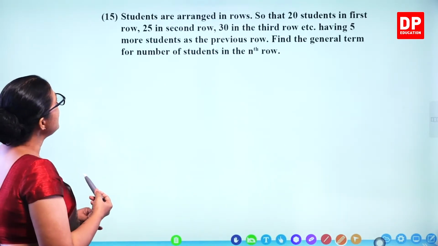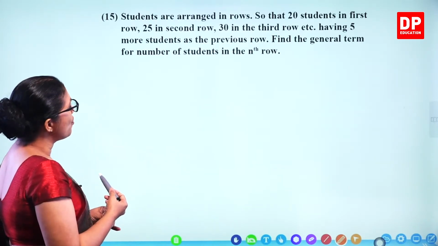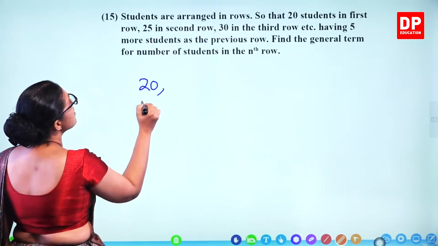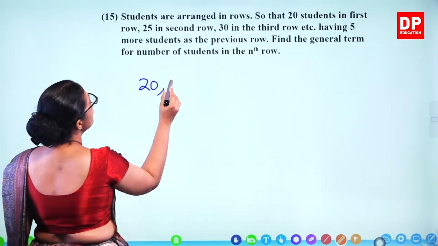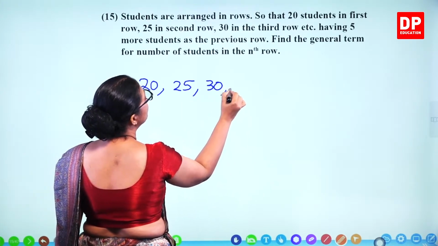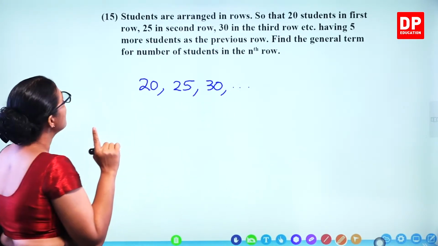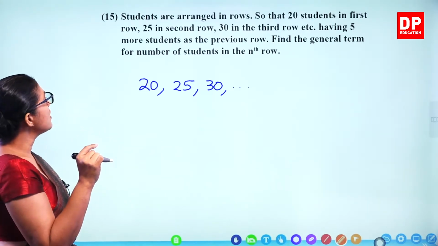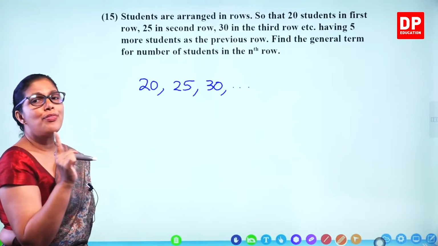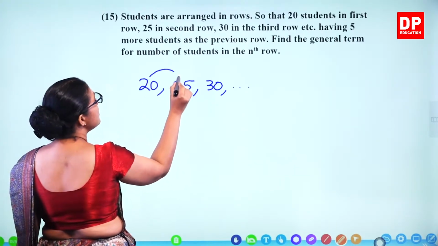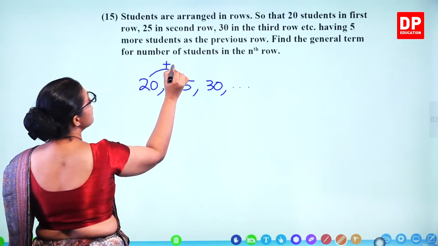Question number 15. Students are arranged in rows so that there are 20 students in the first row, 25 in the second row, 30 in the third row, having 5 more students than the previous number. Find the general term for the number of students in the nth row. So how do you find that? We need to first find the difference. That's adding 5.